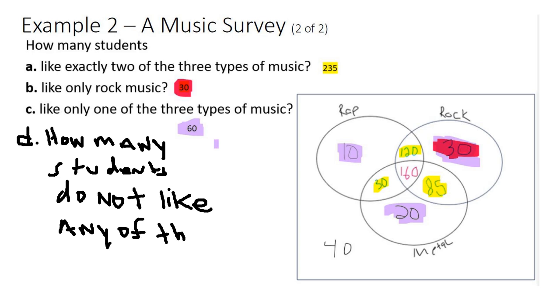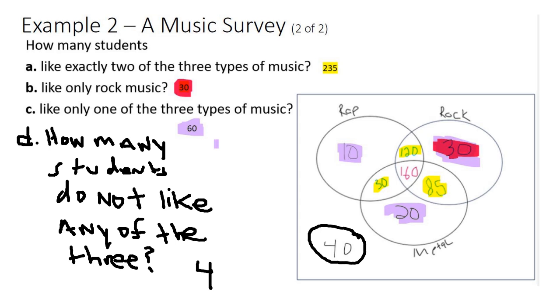If we look at the students that do not like any of the 3, that would be everybody that is not in the circles, right? So in our case, it would be 40. So 40 students are not going to like any of those music. Maybe they like R&B.